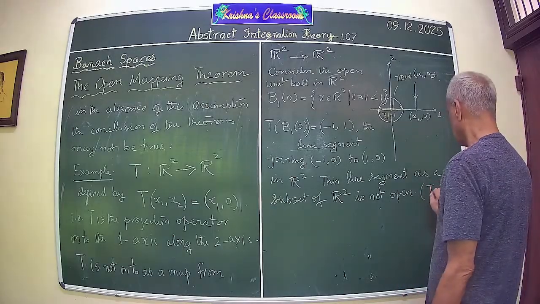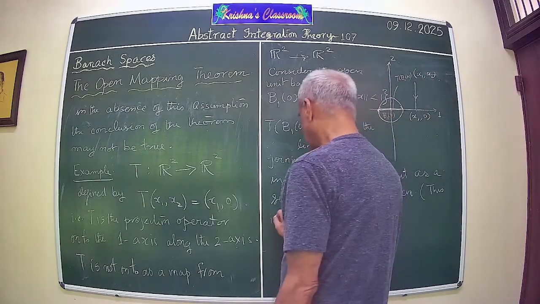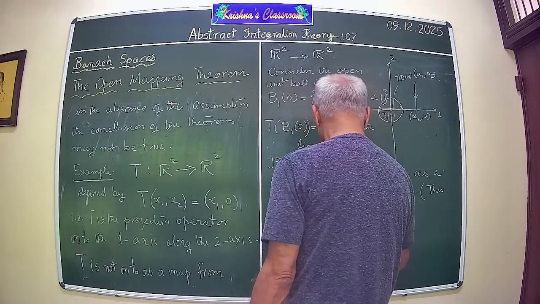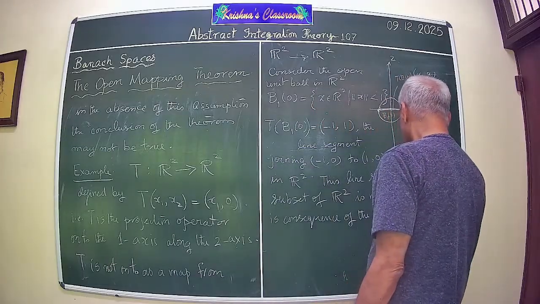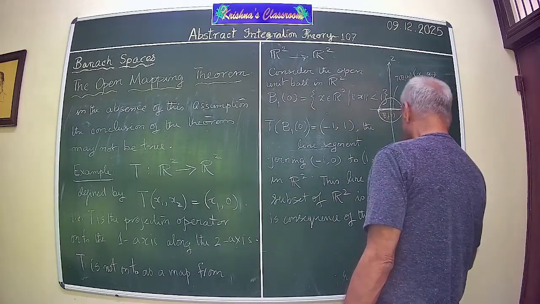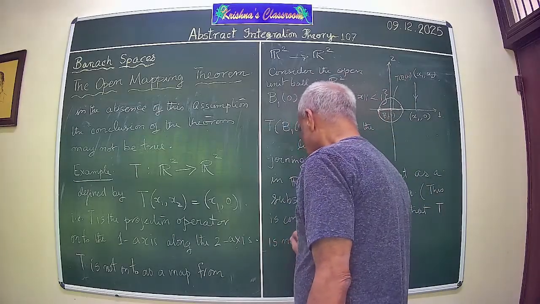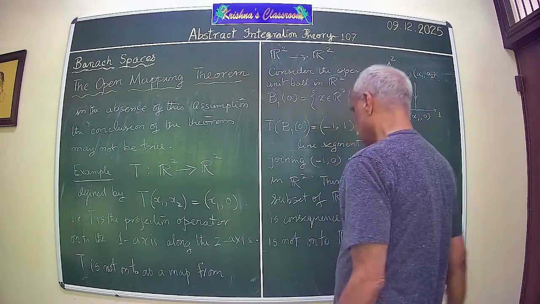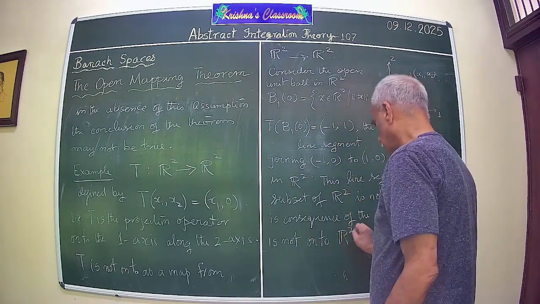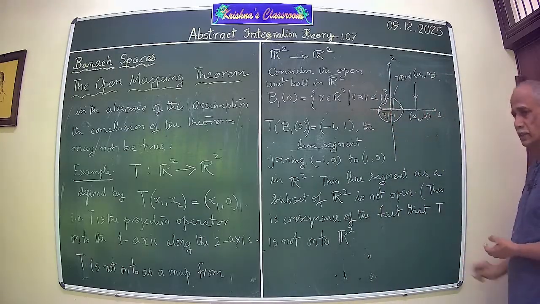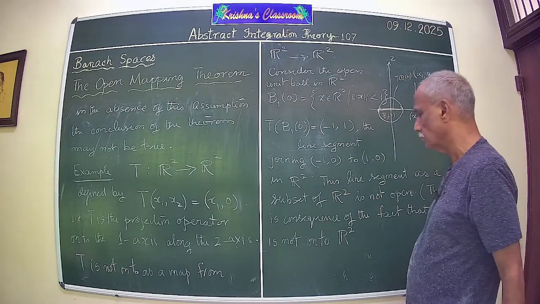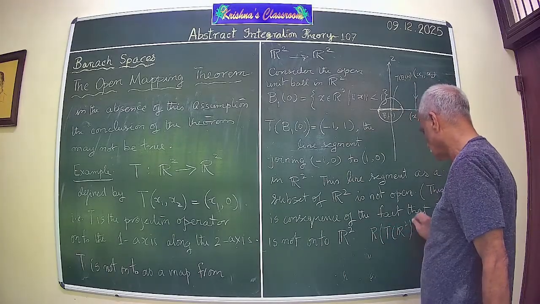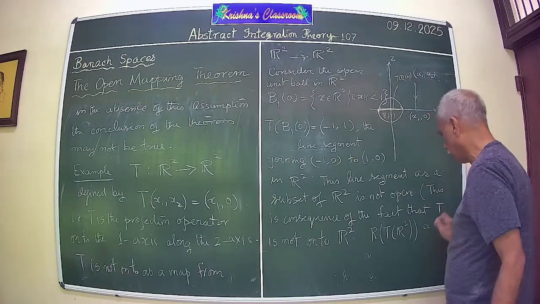This is a consequence: T is not onto. It's only a proper subset of, that is, the range of T is a proper subset.